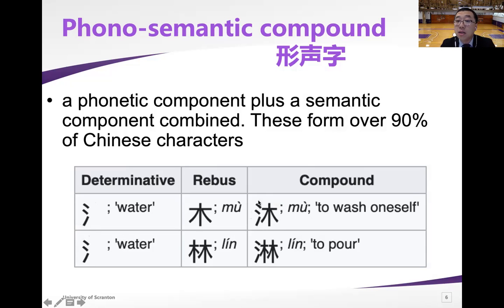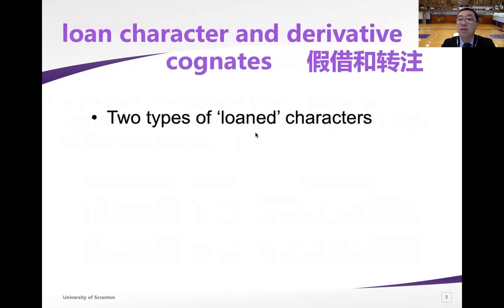But the meaning comes from the radical. So this character means to wash oneself or to have a bath. So this is phonosemantic compound. The next two are 2 types of loaned characters, but the most important 4 types are the top 4.